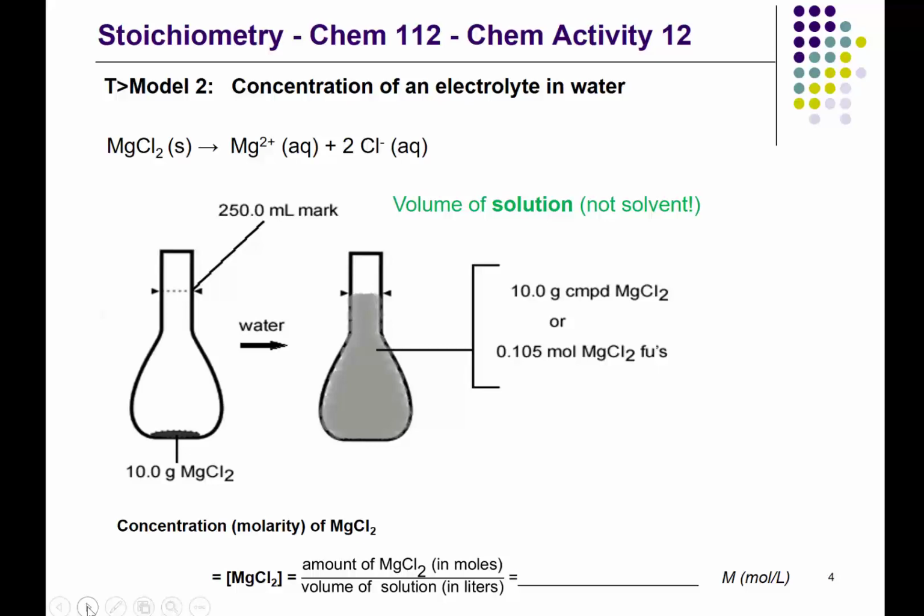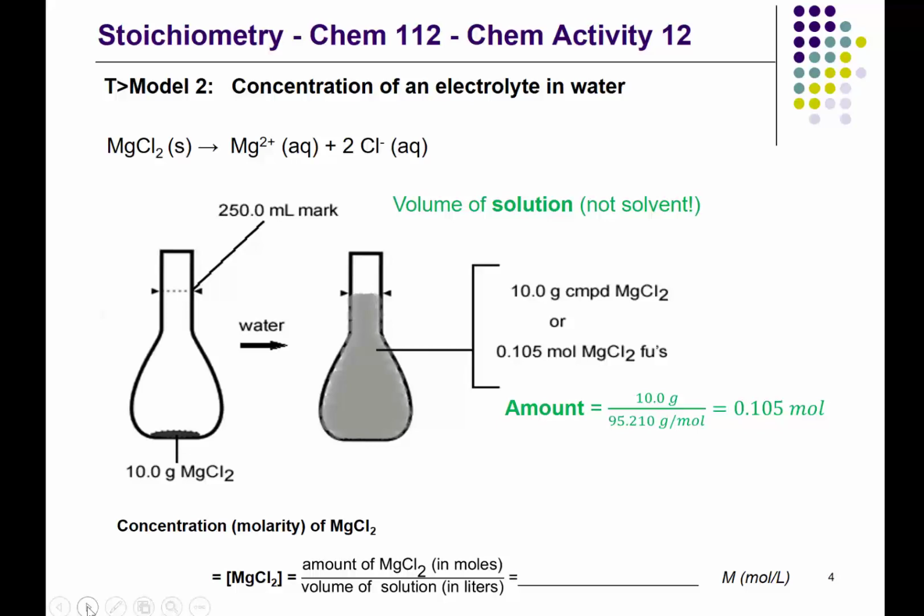So what about the calculation in terms of coming up with the concentration? Well, if we did measure out 10 grams of our compound, we can very easily calculate that this is equivalent to 0.105 moles. So we take those 10 grams and divide by the molar mass, or times 1 over 95.210 grams.